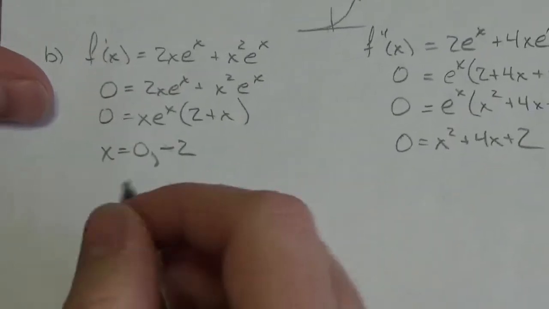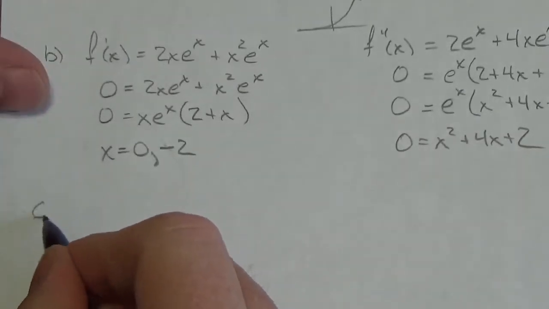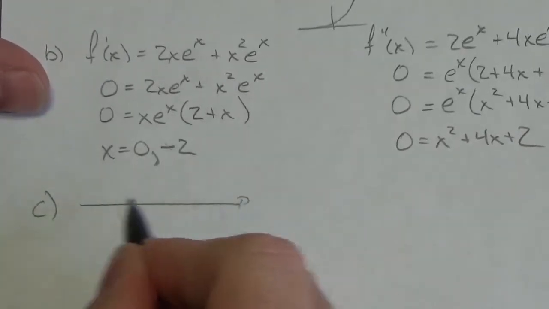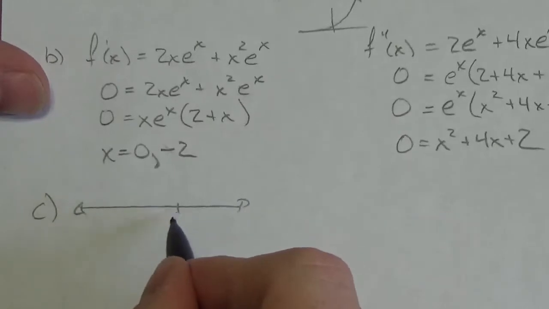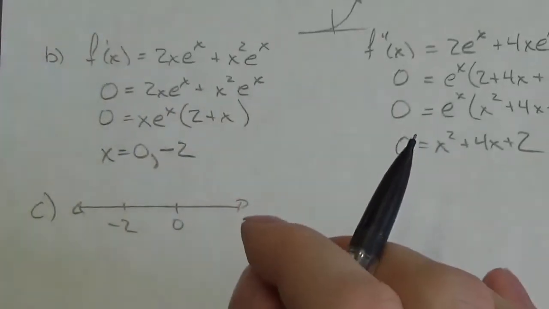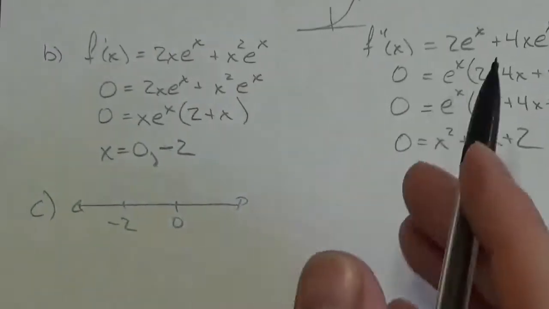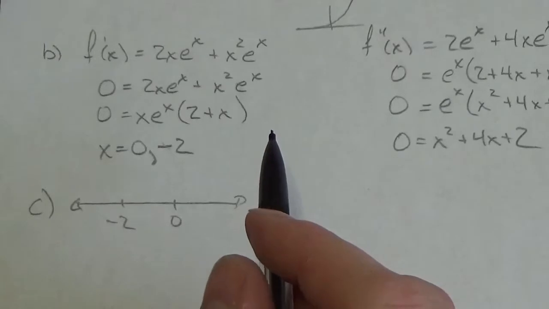But to determine what's going on here, we've got to take a look at our intervals of increasing and decreasing. What's nice about this is there's just the two. There's no vertical asymptote for me to worry about, so it's just these guys right here. And it's actually fairly easy to figure this out.